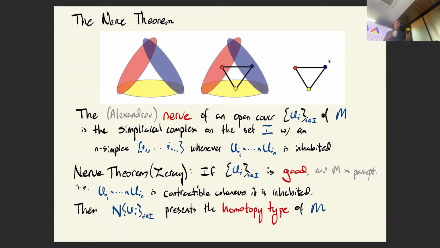And for every intersecting pair, you add a line. For every triple intersection, you add a triangle. And every quadruple intersection, you add a tetrahedron, and so on. For any n-fold intersection, you add an n-simplex into your simplicial complex. The way to define that is to say that you have an n-simplex whenever the n-fold intersection of those corresponding points is inhabited.